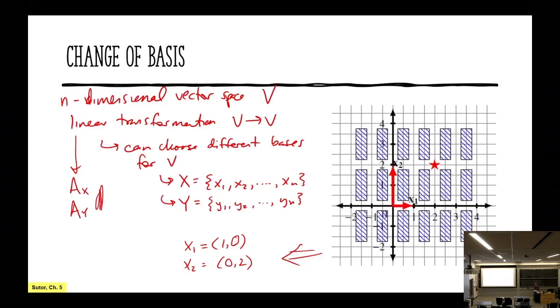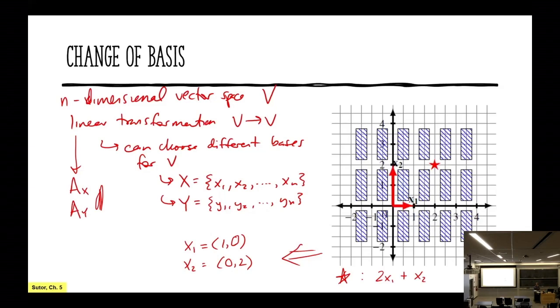What's convenient about this basis for this city is that now I can say, go north along x2 for 1 block, and turn right and go east along x1 for 2 blocks, and that gets you to the star. So in terms of the x basis, this star is at position 2x1 plus x2.